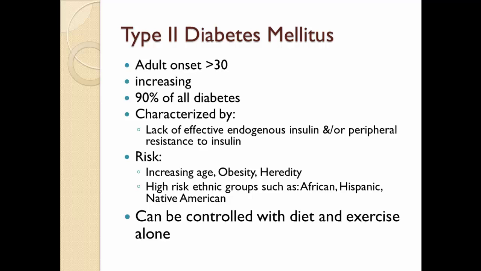Our risk factors. The older we get, the higher our risk. So usually the age is higher than 55. Being obese and having it hereditary increases your risk. It has been known to be passed down from family members to family members, and it could be an actual gene, or it could be lifestyle. Lifestyle can be a hereditary thing because we learn things from our parents. It's a learned behavior.